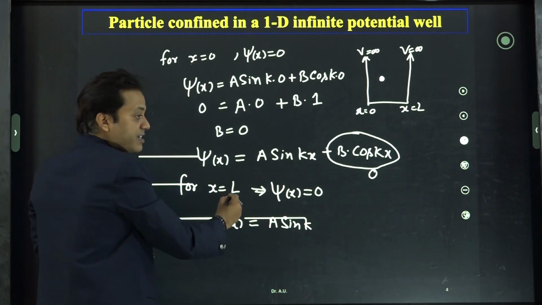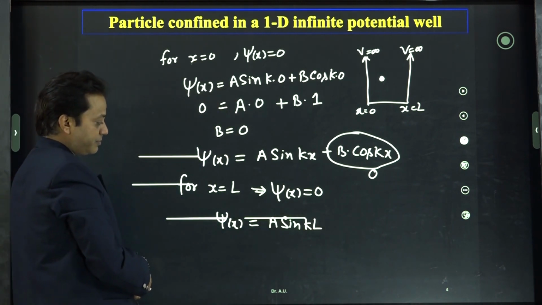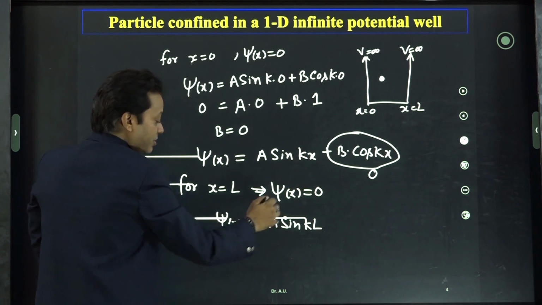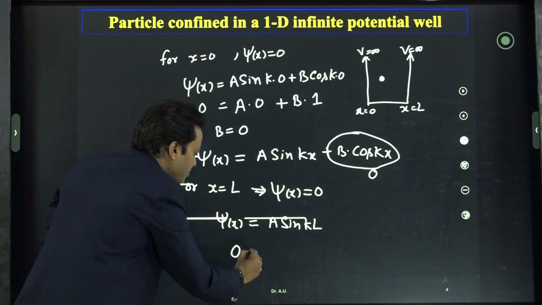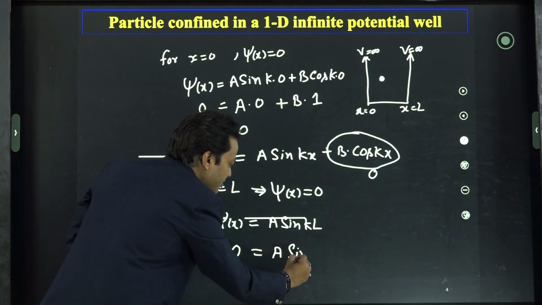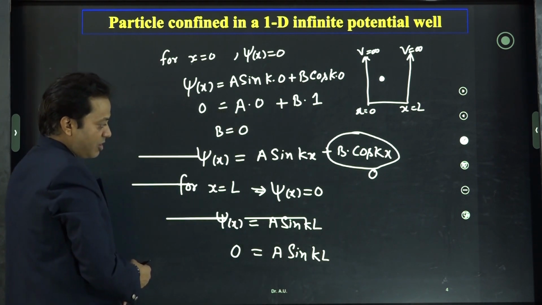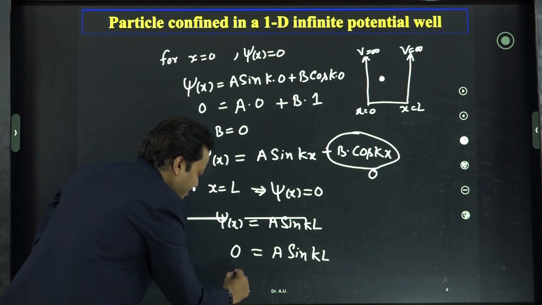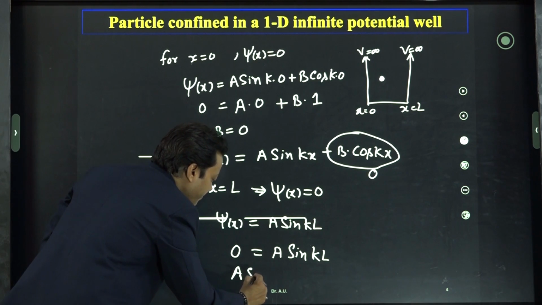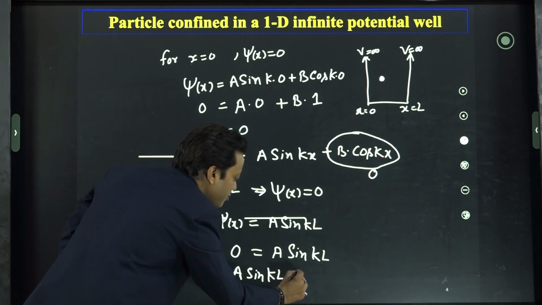In place of x we are replacing L, and this psi is 0. So this will become 0 is equal to a times sine kL, or we can write this equation as a sine kL is equal to 0.